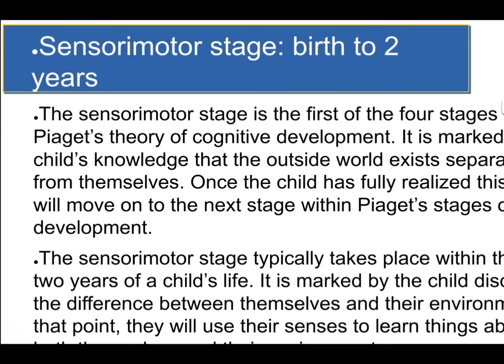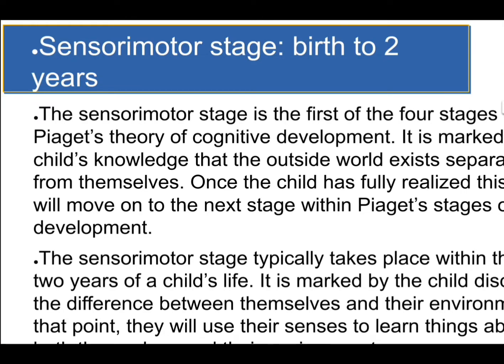Once the child has fully realized this, they will move on to the next stage within Piaget's stages of development. The sensory motor stage typically takes place within the first 2 years of the child's life.